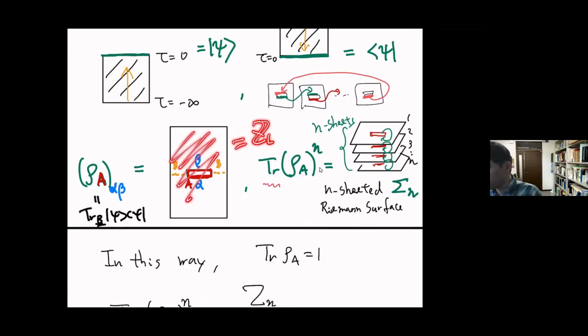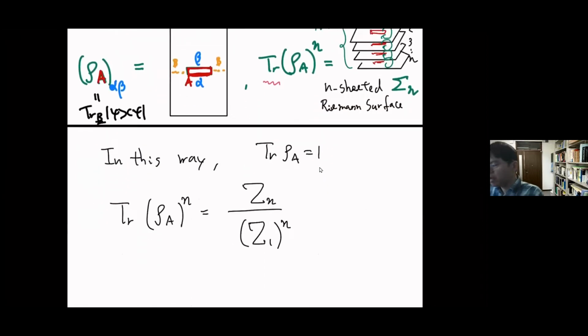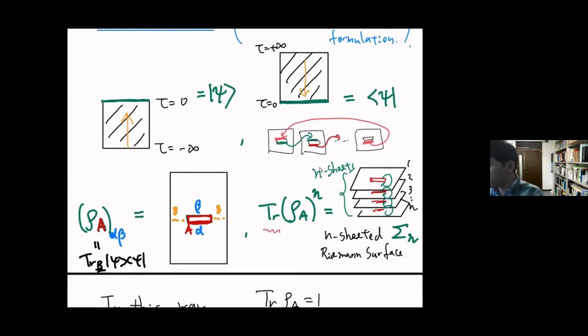Only one seat, that we just write z1. z1 is not 1, so we have to divide. Actually, we have to divide like this way. So I should write it this way: we have to divide by z1, and also here you need z1 to the minus n.